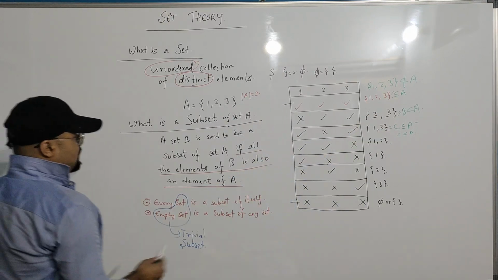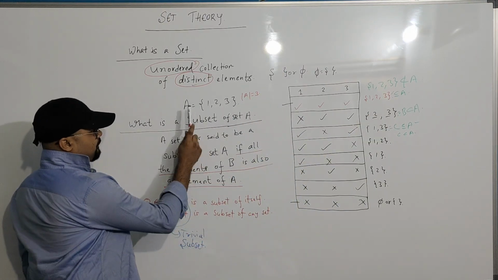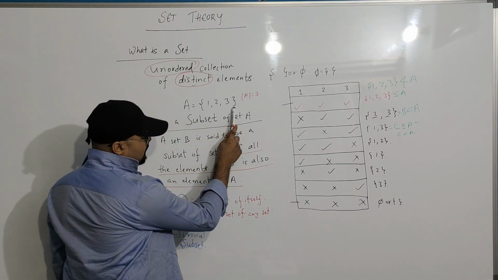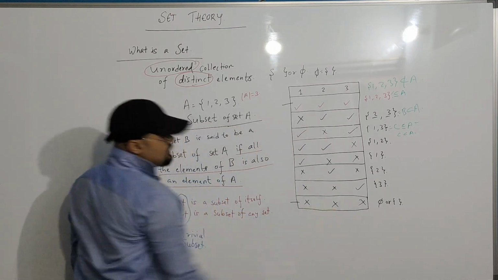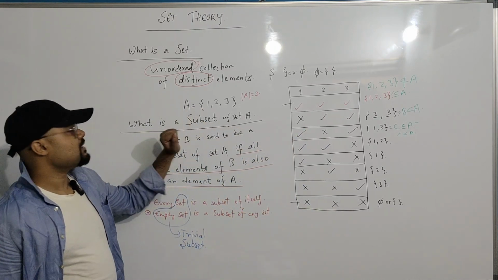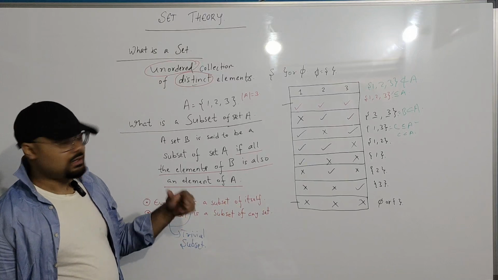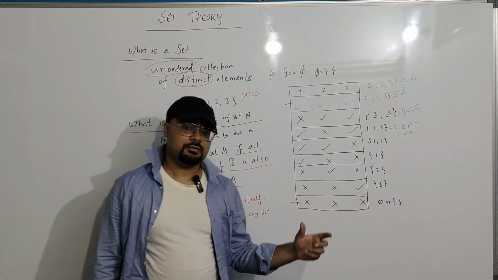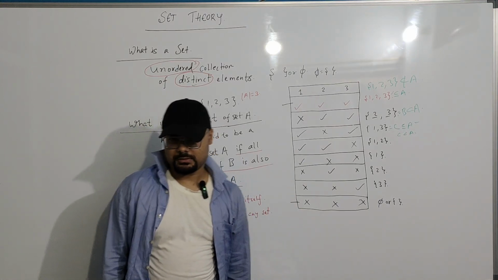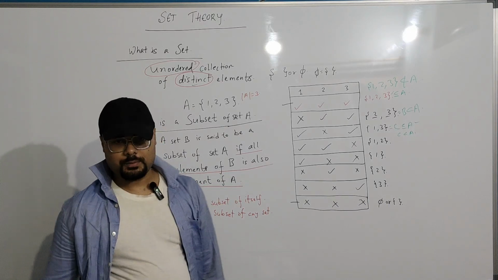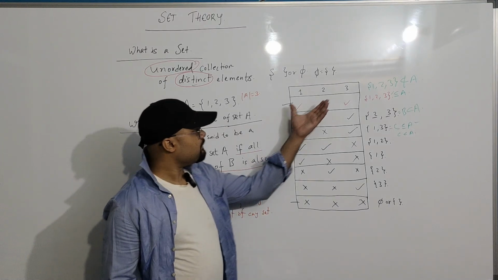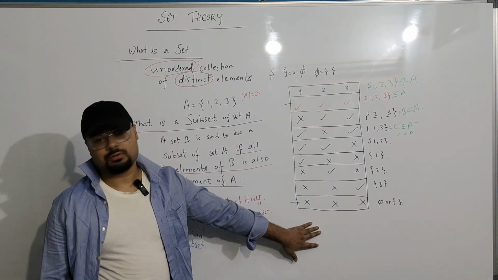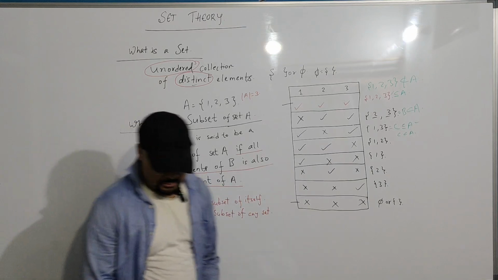Okay. So as you can see, for a given set of length 3, the total number of subsets possible is 8. If the size of the set is n, if the cardinality of the set is n, then what is the total number of subsets possible? It is going to be 2 to the power n, because then how many combinations are possible? 2 to the power n.